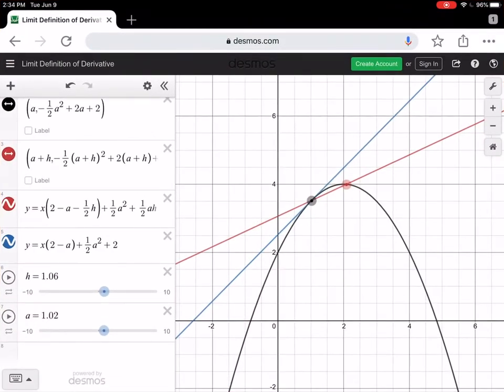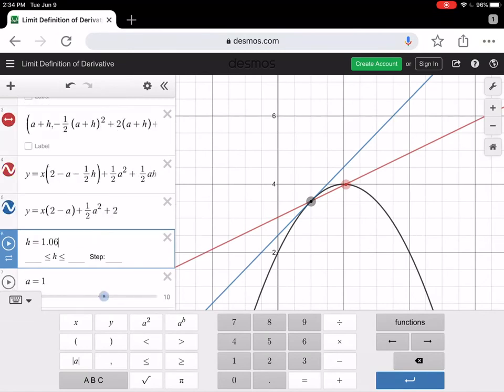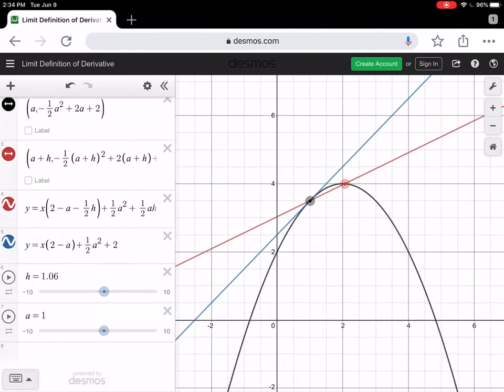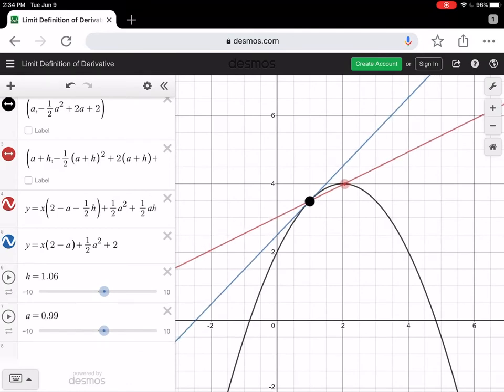You can actually go and check this out for yourself. If you look up the limit definition of the derivative on Desmos, you'll come up with this graph right here. Notice on the left-hand side, number 7 is a. I'm going to have a just be 1, just for the sake of easiness. And h, remember, that's the distance between these 2 points. So a is just this point right here that I've taken, and this is the point that I want to find the slope of the tangent line at.